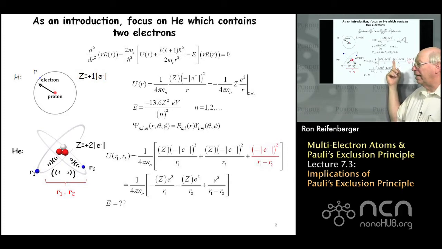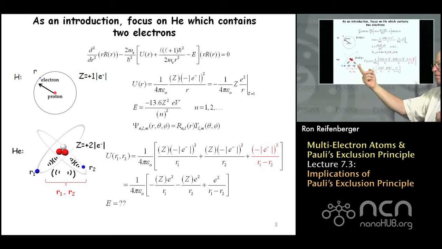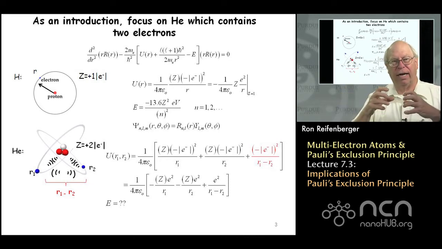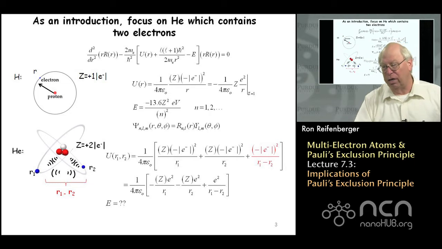So the second electron also interacts with the nucleus and gives rise to an interaction potential energy term like this. But now, in addition, there's a repulsive term because the 2 electrons interact with respect to one another. These 2 electrons will repel each other because they've got the same polarity of charge.